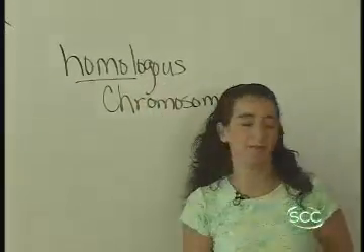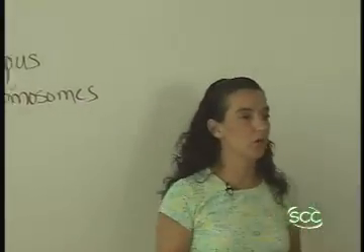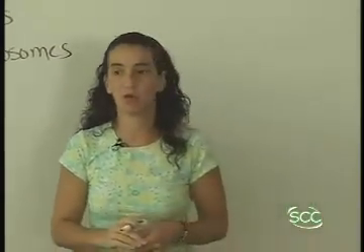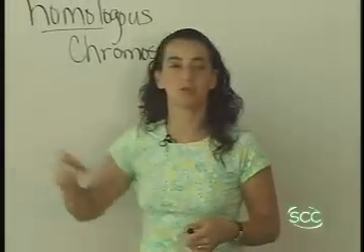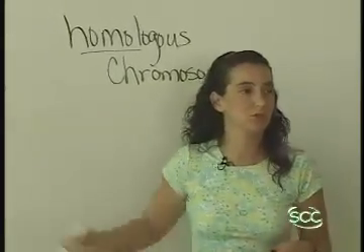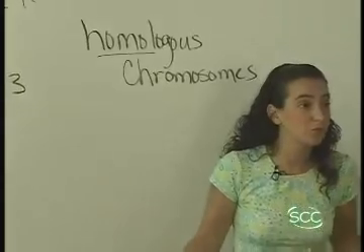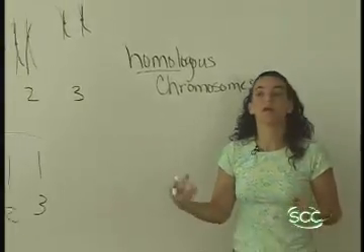Homo means the same. These are the same chromosomes. So we have 2 number 1s, 2 number 2s, 2 number 3s, 2 number 21s, 2 number 22s.